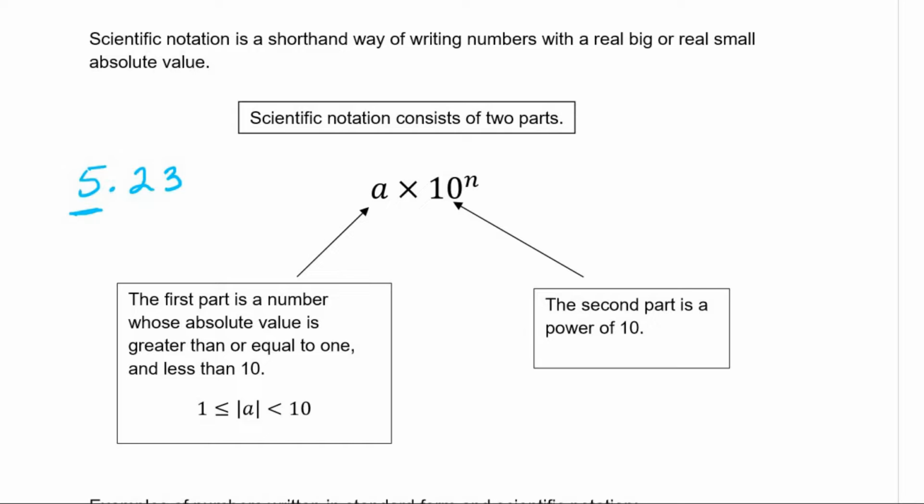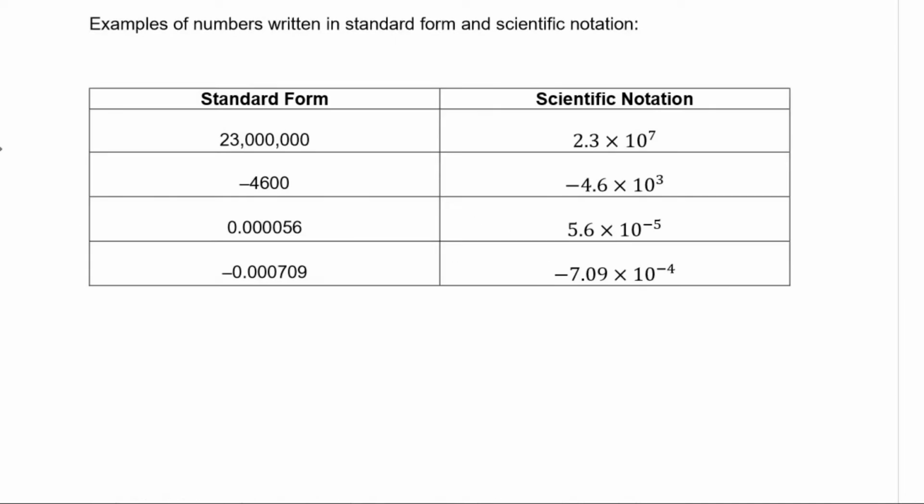The second part of the scientific notation consists of a power of 10. Here are some examples of numbers written in standard form and in scientific notation. I like to think of the numbers that have a big absolute value as being universe numbers.